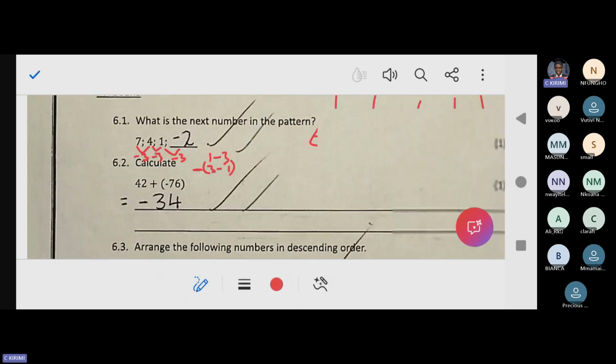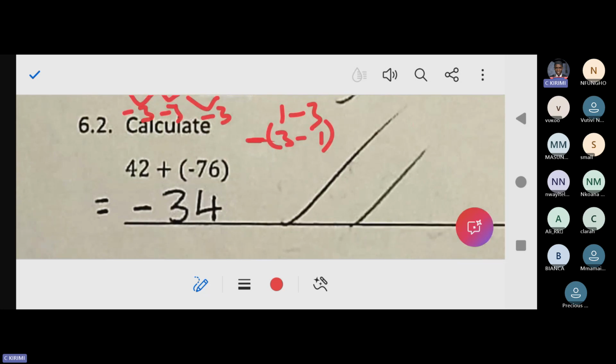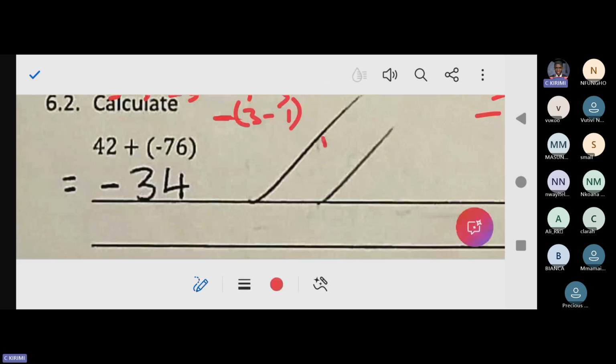You do the same. We said if you get a positive and a negative, first you must know what the sign changes to. We told you positive and positive gives us positive. Whenever you see a positive applying a negative, I told you it's a negative.